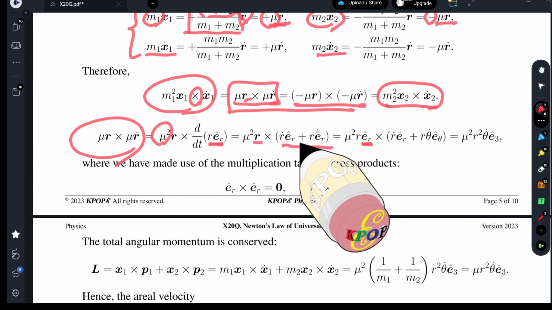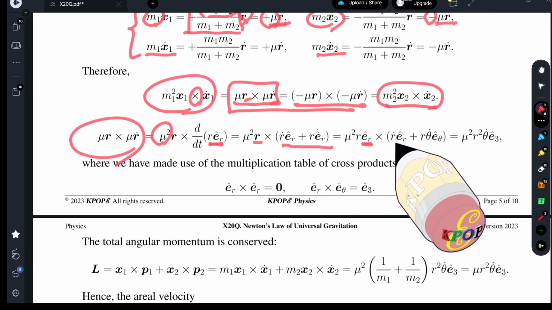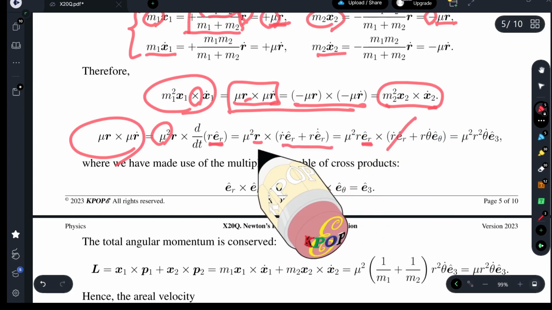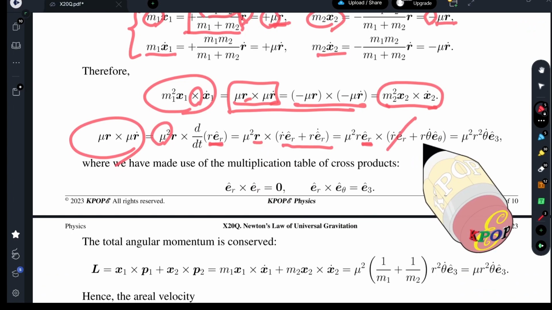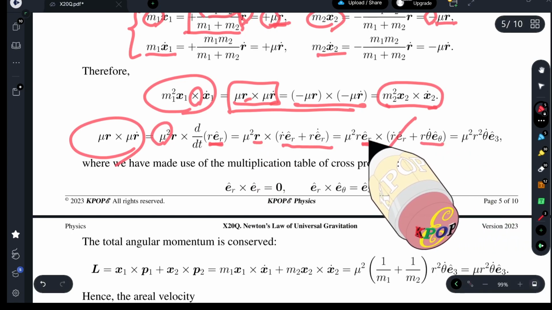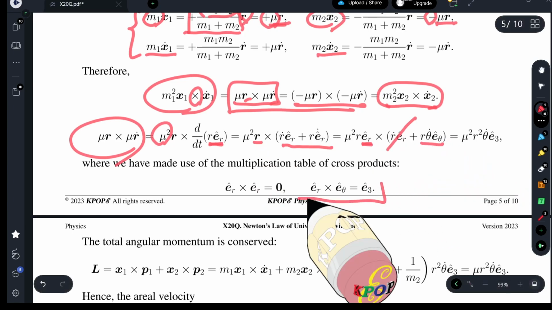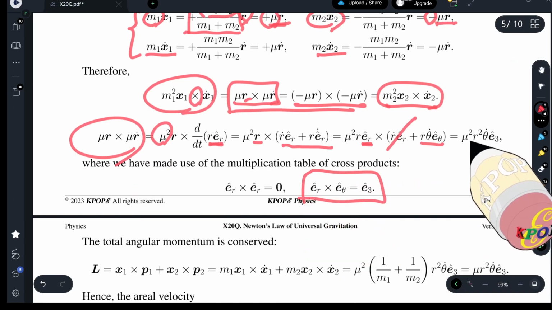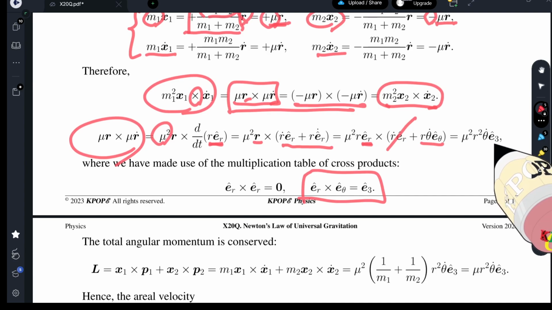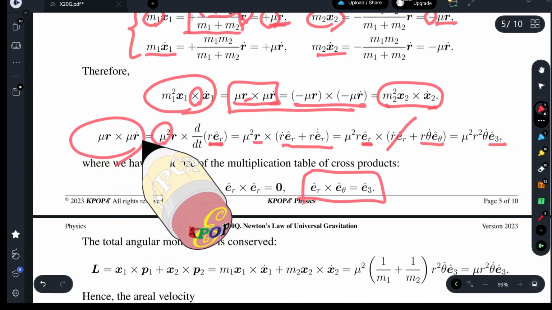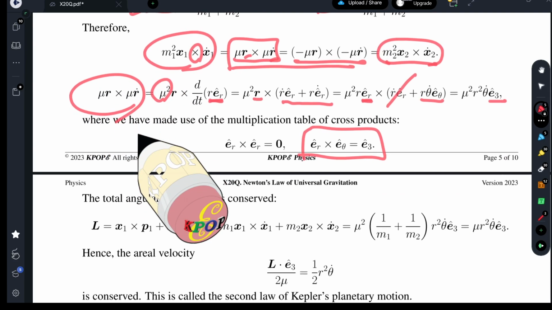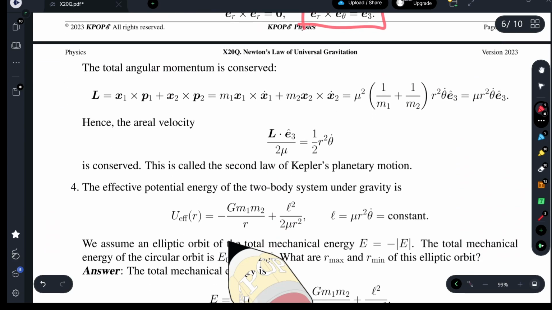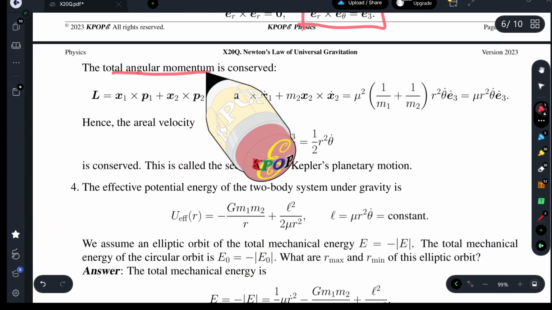So the radial direction cross product vanishes. The only contribution that survives is the tangential vector, because e_r cross e_theta is e_3. As a result, we find that mu squared r squared theta dot e_3 hat is the cross product of these two objects. Next, we compute the total angular momentum of the system.